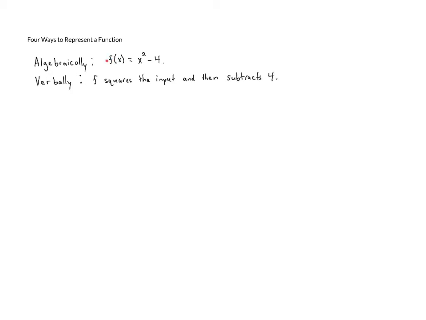So what this function actually does to the input x is it squares that value, and then it subtracts 4, or it takes away 4. And so we could say that verbally. F squares the input, or we could even say f squares x, or f takes x and squares it, and then subtracts 4. There's lots of ways that you could say this.